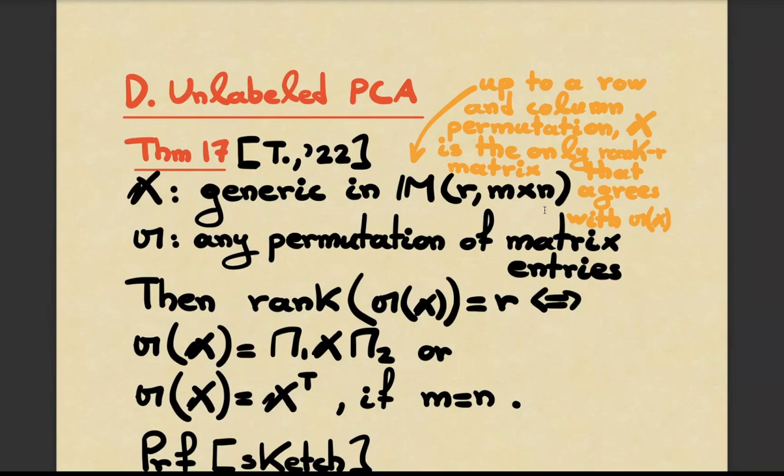So then what I mean by generic in an algebraic geometry sense is that there is a closed subvariety of this determinantal variety of at most rank R matrices, such that for every rank R matrix outside of this closed subvariety, the statement of the theorem is true.